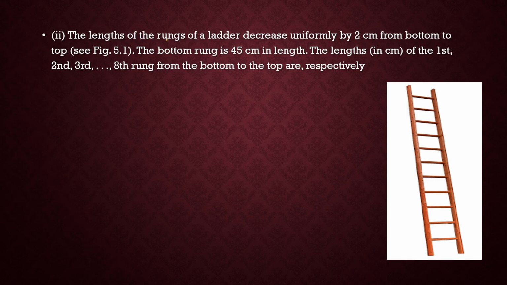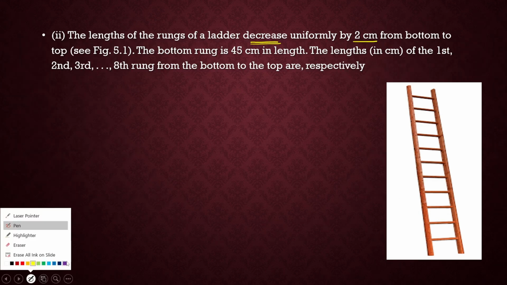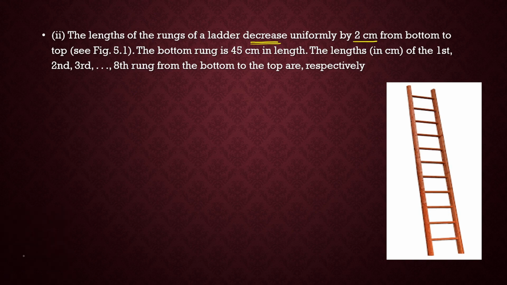The lengths of the rungs of a ladder decrease uniformly by 2 cm from bottom to top. As you move from bottom to top, the length is getting decreased by 2 centimeters. The bottom rung is 45 centimeters in length. They have given you this length, 45 centimeters.